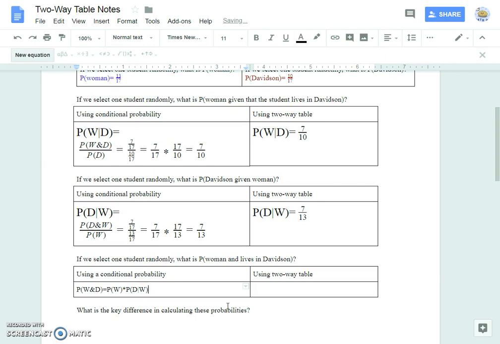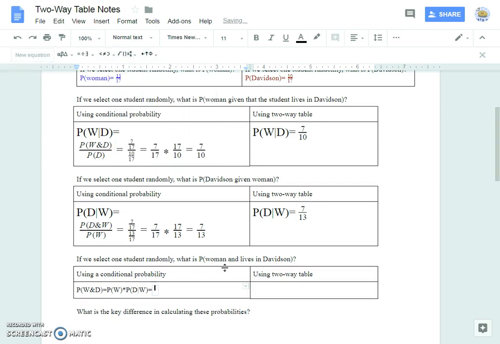We obtain that formula from our conditional probability, and we're just multiplying both sides there. The probability that they're a woman, we did that earlier.